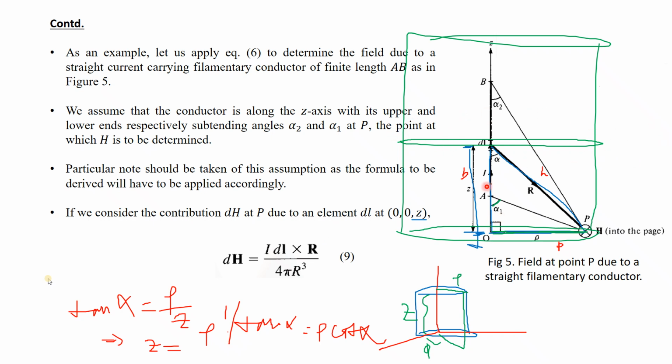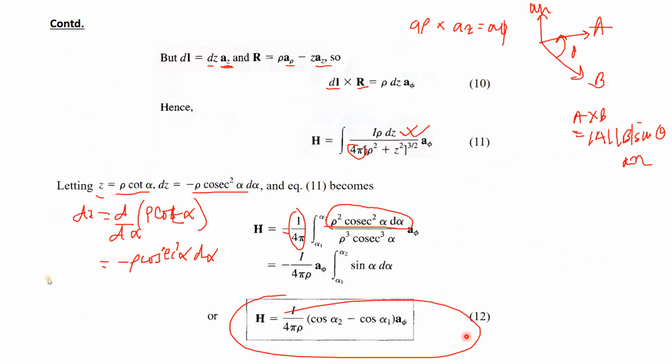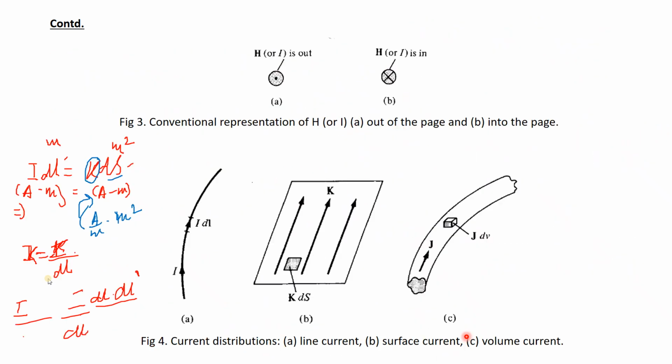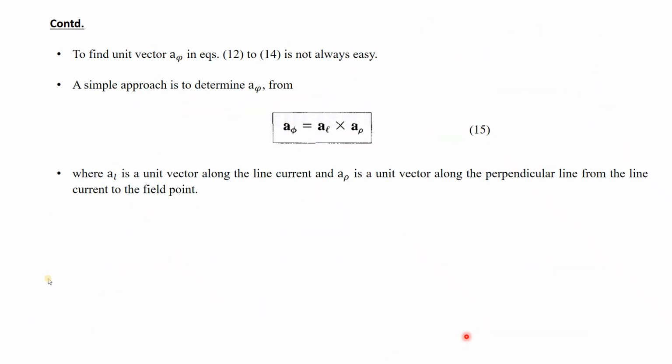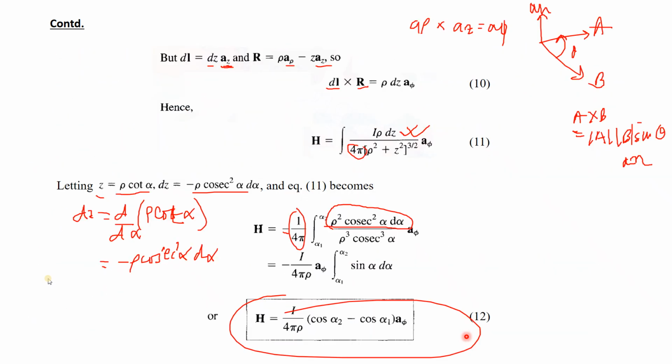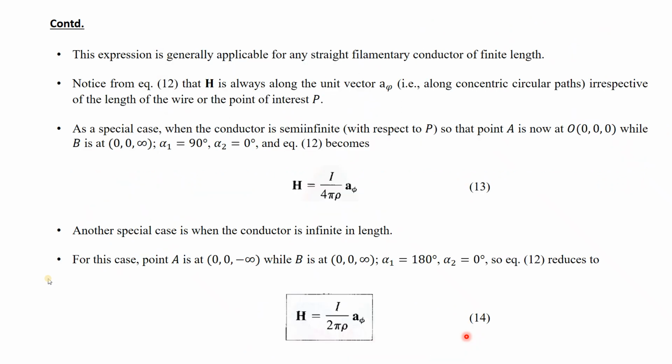That means it is along the concentric circular path of a cylinder, because alpha is the angle of the angular plane. So it is along the circular plane.